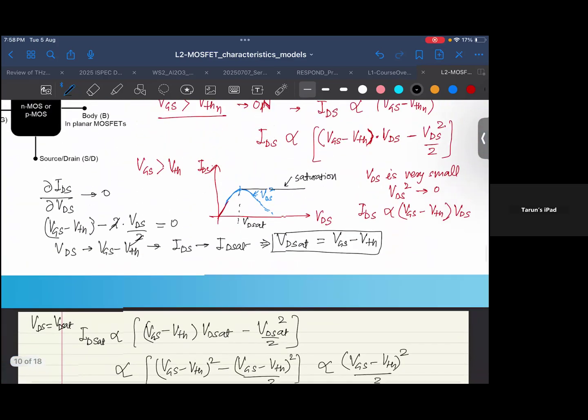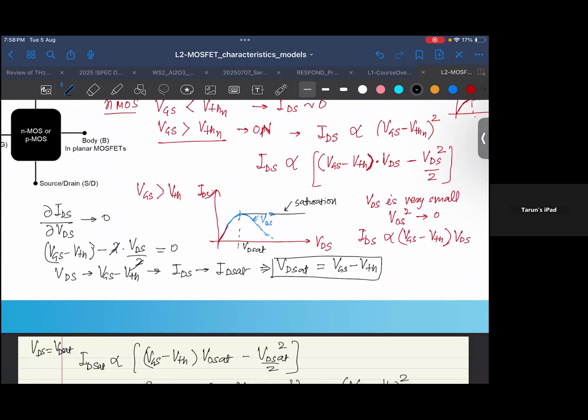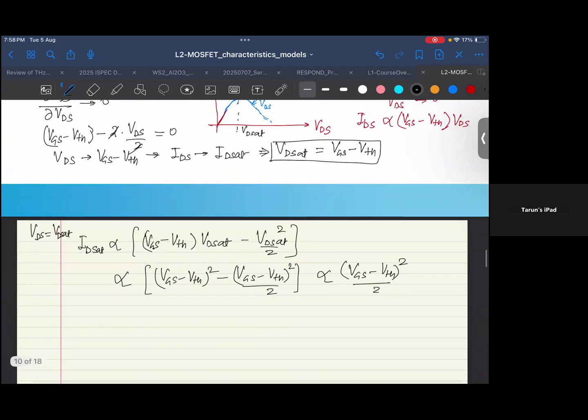So what I now see is that in saturation, this is a very important characteristic, my current is proportional to VGS minus VT whole square by 2.